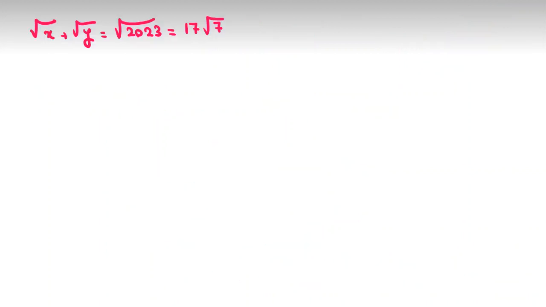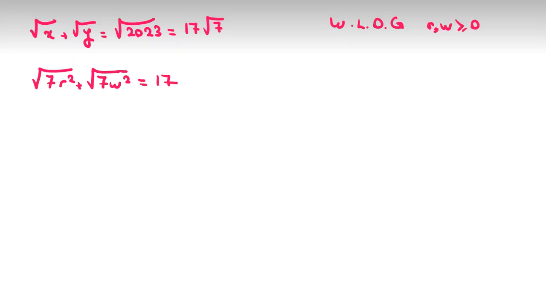If you replace, root of 7r squared plus root of 7w squared, and we said without loss of generality, suppose that r and w are at least 0, equals 17 root 7. If we simplify, in the next step, what can we conclude?